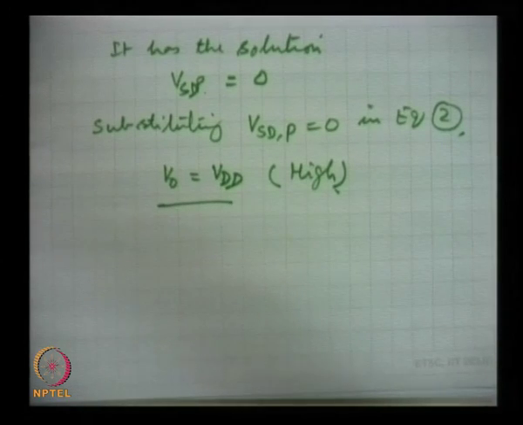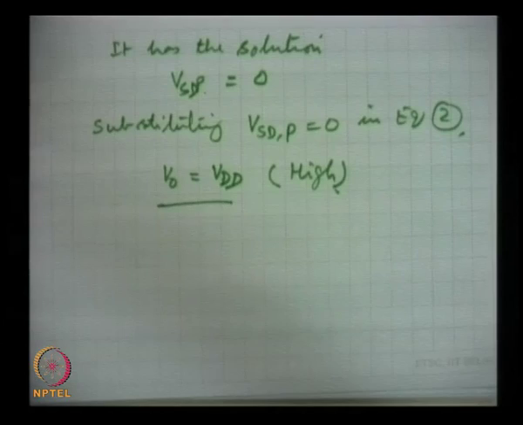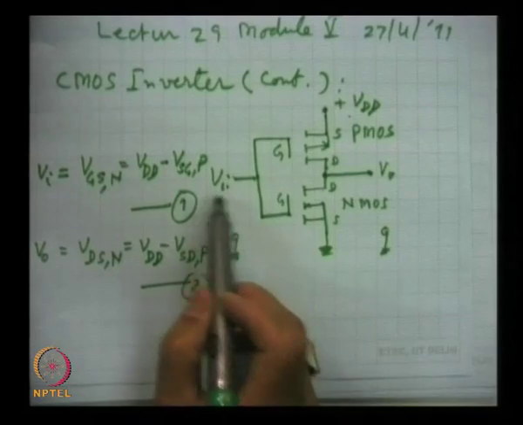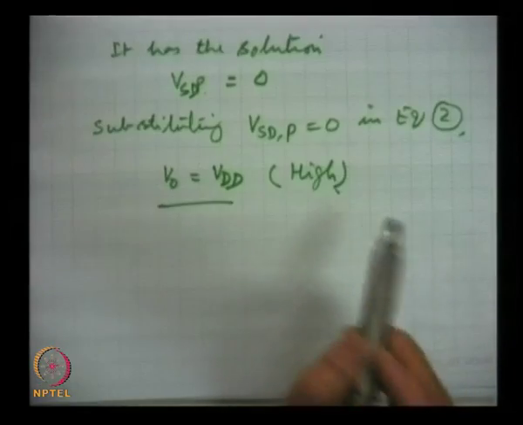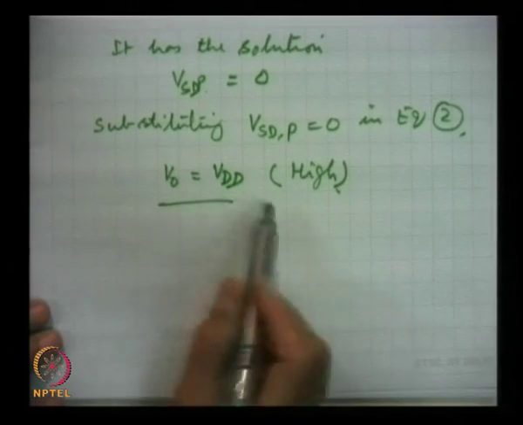This is what we expect from the inverter: when the input is low, the case under consideration, it results into high output, and this is what we are getting.